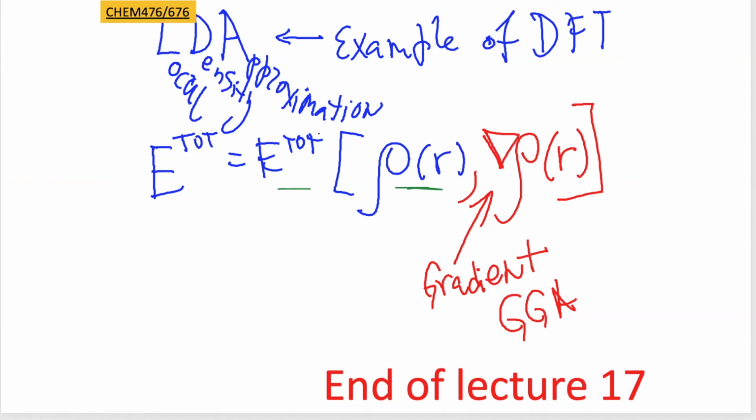In practical examples, typically one also integrates the derivative of density, or gradient of density. And the majority of functionals are qualified as generalized gradient approximation. And you'll see these abbreviations in the future.